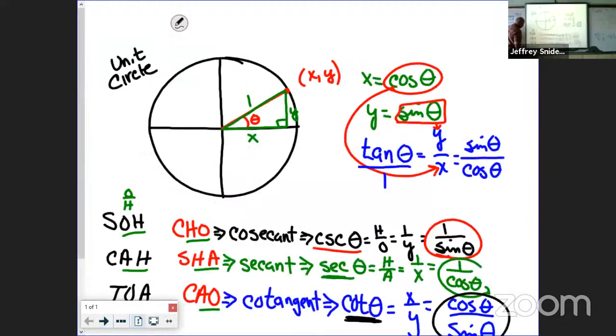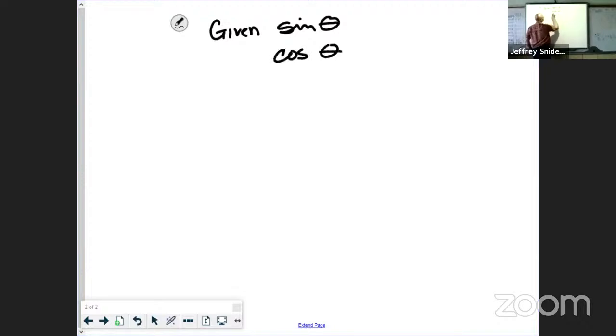Let's go back to this and add a page on here. All right, so what I'm going to do right now is given sine theta, cosine theta, and tangent theta. Those are the three we've started with, okay? Here we go.